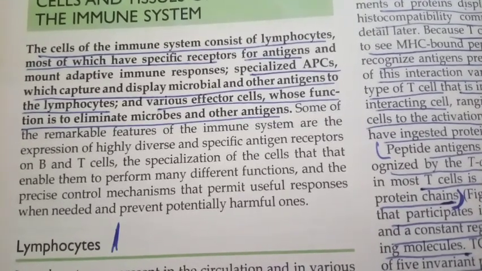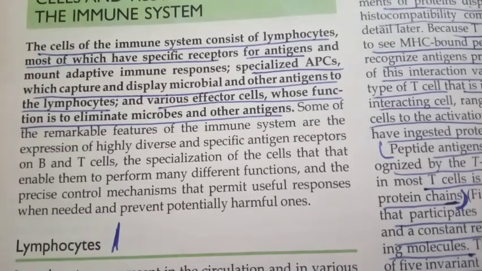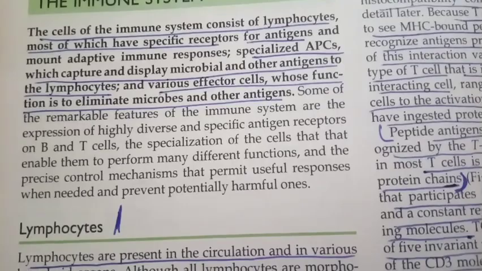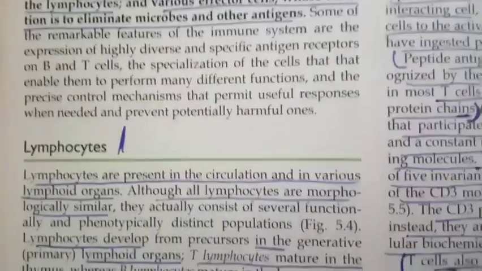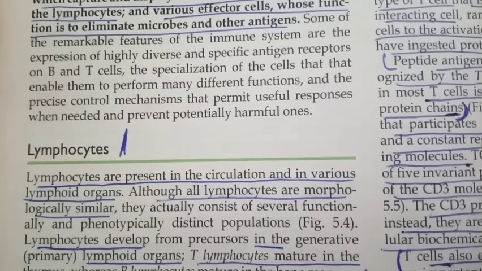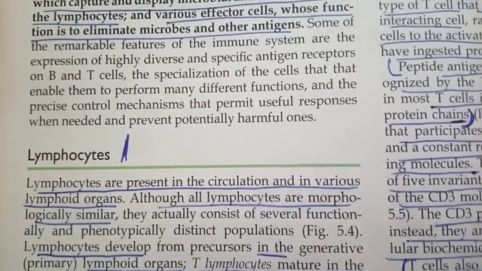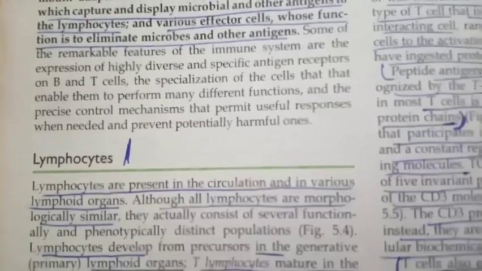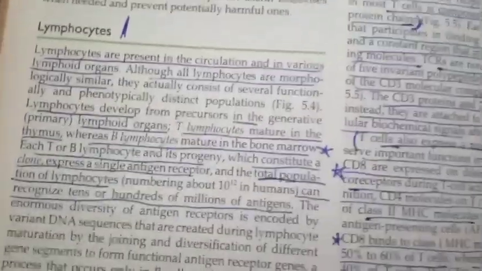Some of the remarkable features of the immune system are the expression of highly diverse and specific antigen receptors on B and T cells, the specialization of cells that enables them to perform many different functions, and the precise control mechanisms that permit the useful responses we need and prevent potentially harmful ones.